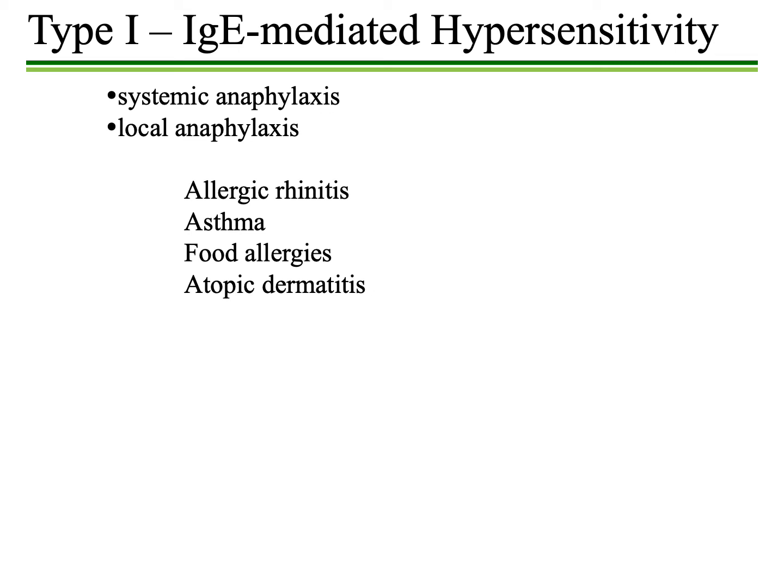And there are extreme examples that we know of, individuals that have a peanut allergy. There are individuals who are allergic to bee stings and have to carry around what's known as an EpiPen, and an EpiPen contains a drug known as epinephrine.